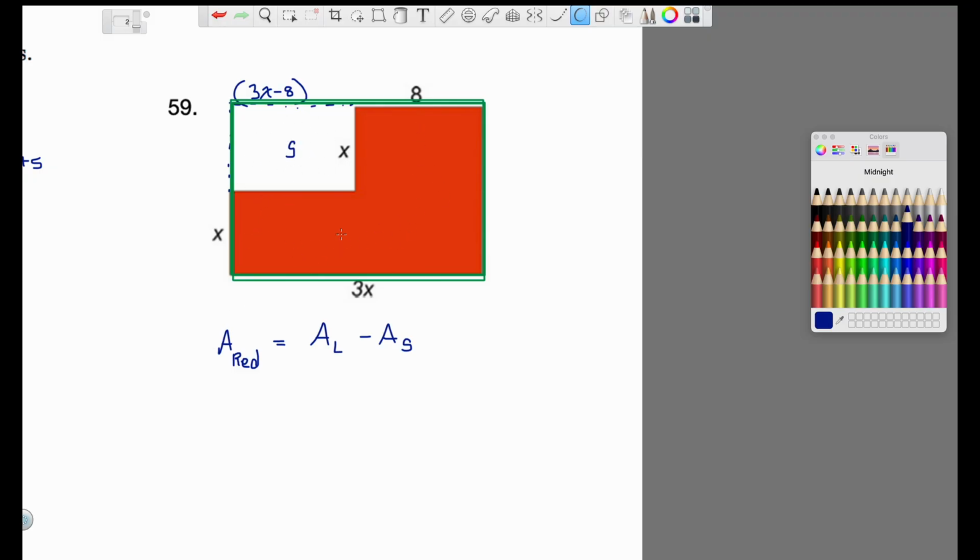That would leave us with this red area. It looks like a sideways L or something.